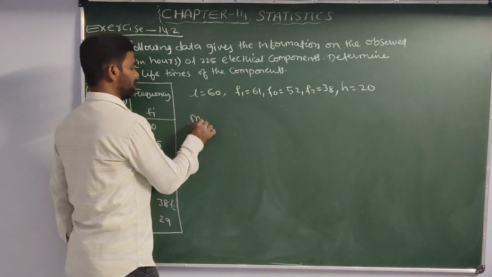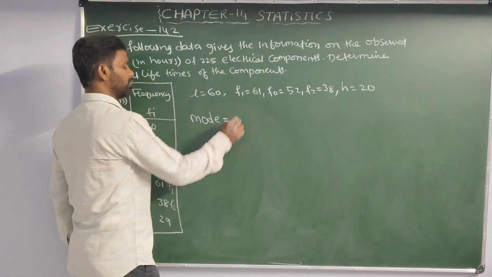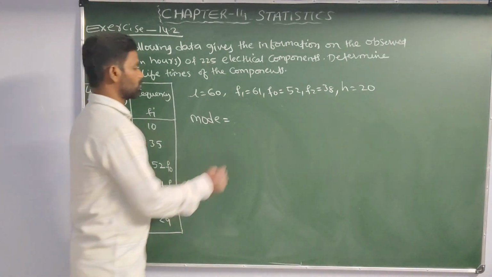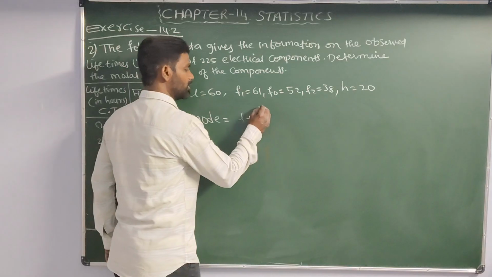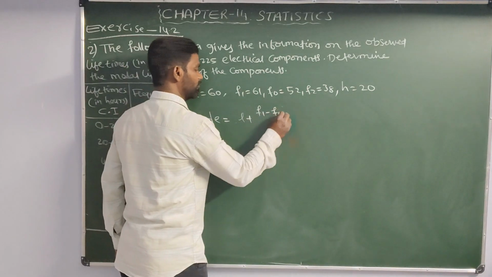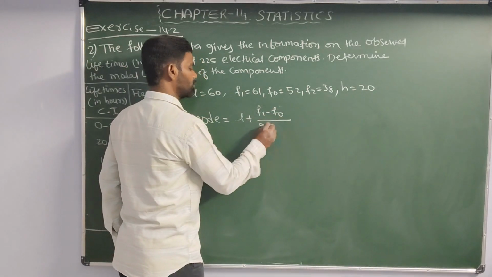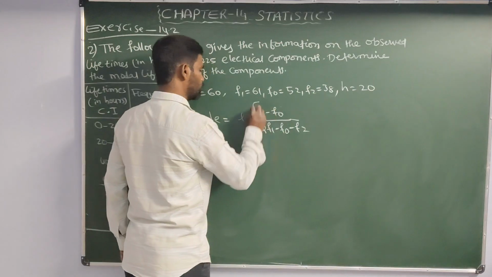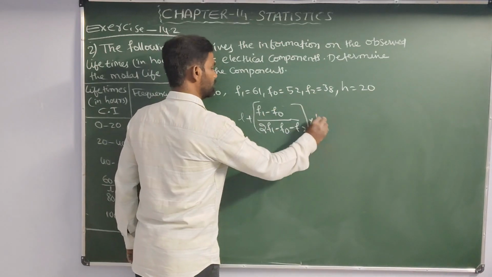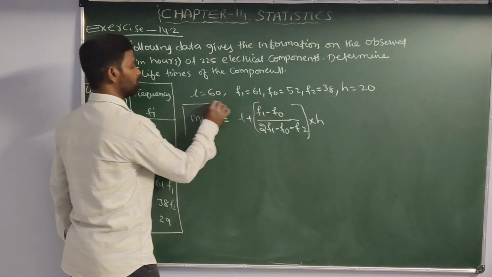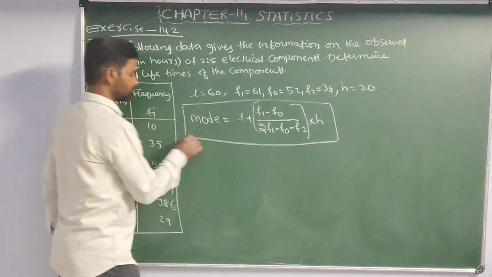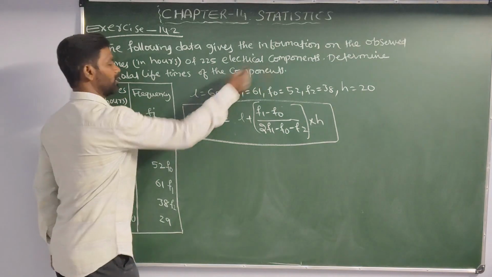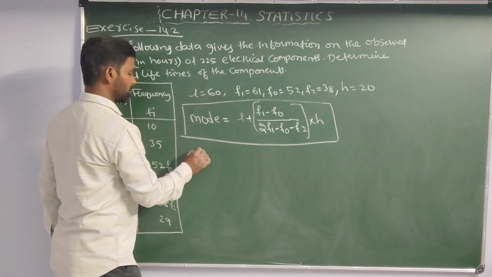Now we have to find the mode. What is the formula? Mode is equal to L plus (F1 minus F0) by (2 F1 minus F0 minus F2) into H. So this is the mode formula. Now substitute the above values in this formula.